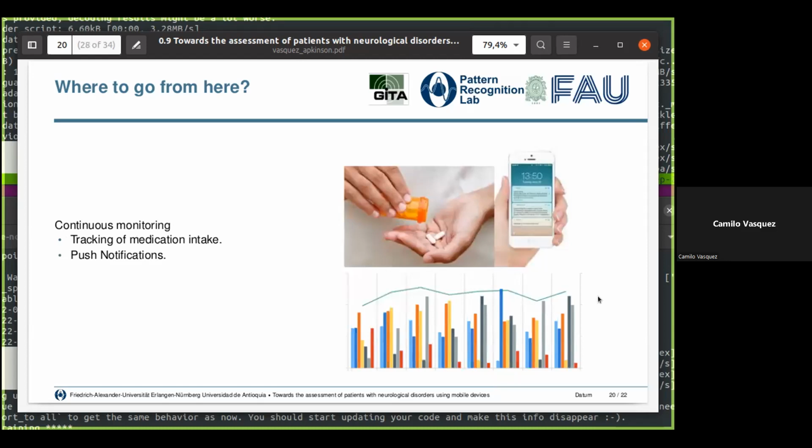Also to track the disease progression of the patient and to communicate this to the hospital or to their expert neurologist, in order for the clinical expert to check the results of the patient, and just in case, update the medication of the patient.